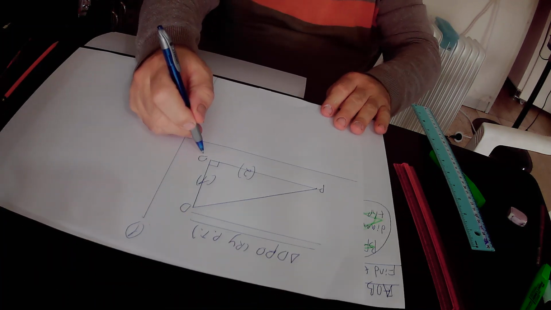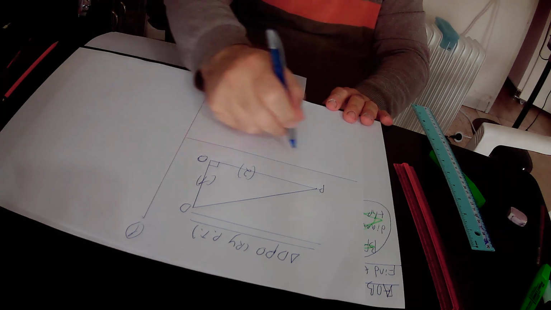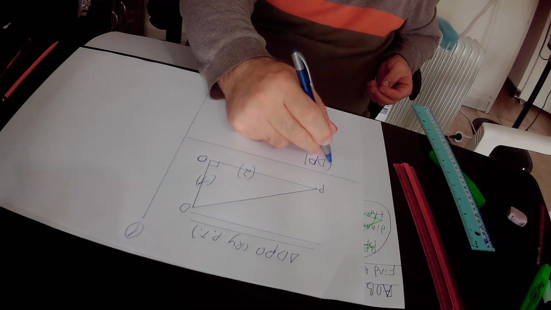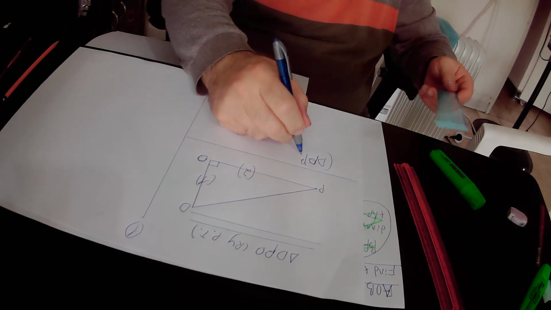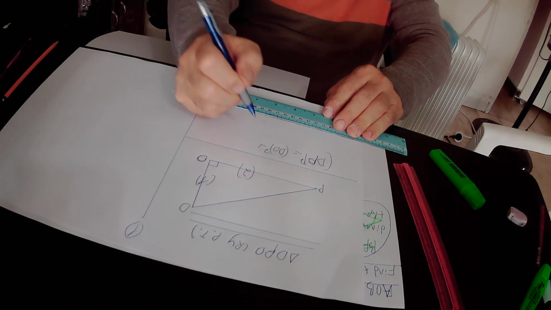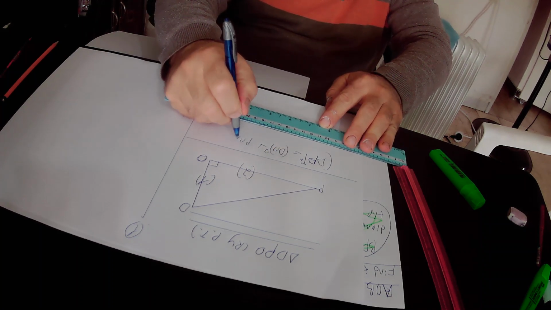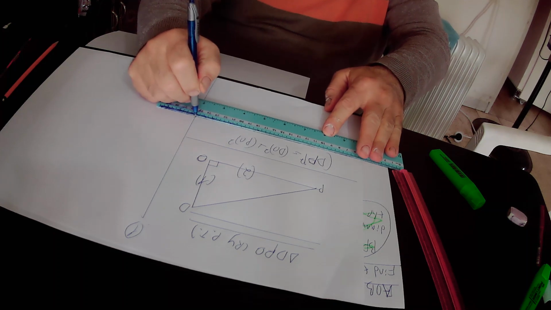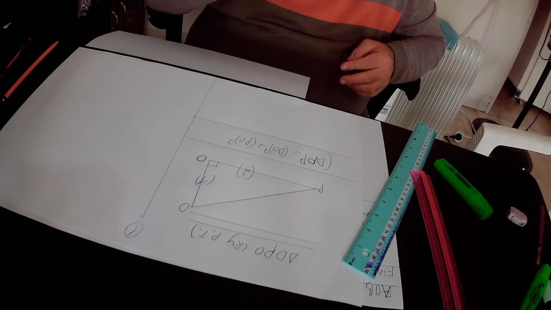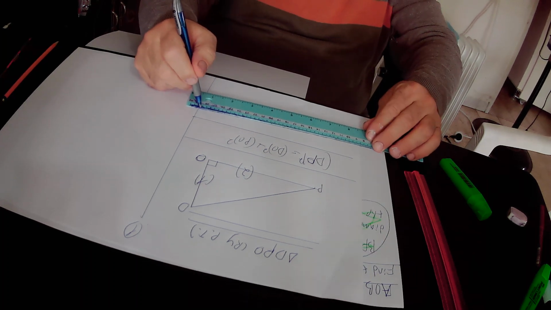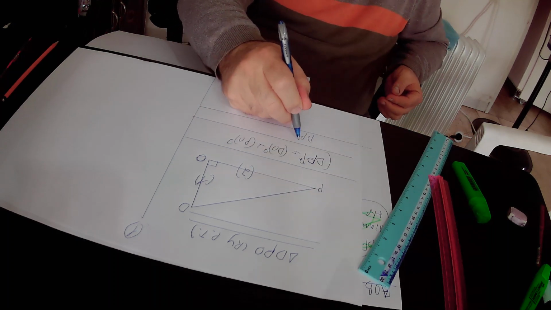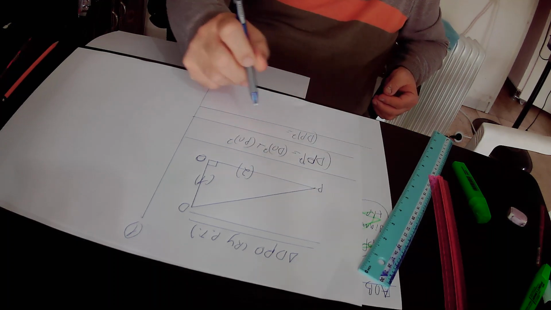So write it down. DP square, that is the square of the hypotenuse, equals DO square plus PO square. The hypotenuse DP is the missing side, so we leave it as it is. You get DP square equals DO square.